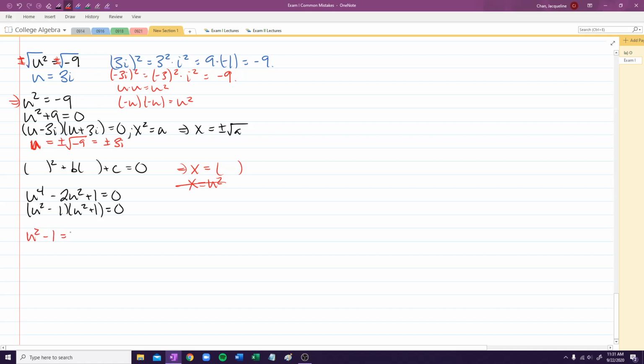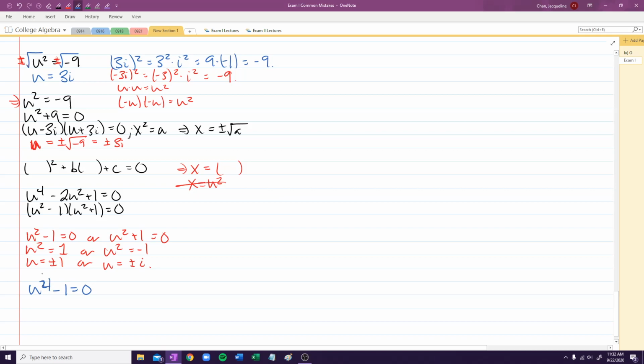So it's u squared minus 1 is equal to 0, or u squared plus 1 is equal to 0. Okay, so then you'll still use that square root property. Okay, so then you'll get u is equal to plus or minus 1, or u is equal to plus or minus i. Right, but I made a mistake, to be honest. Did not want that. Let's pretend that there's no middle term.